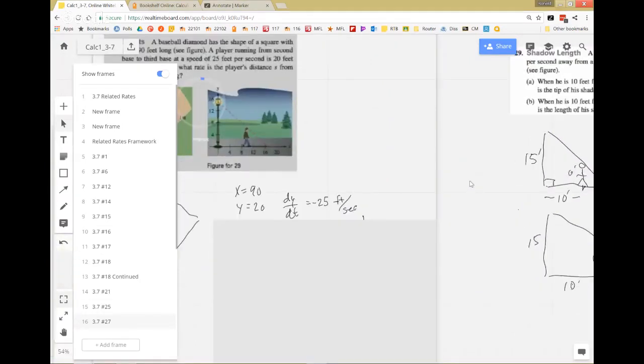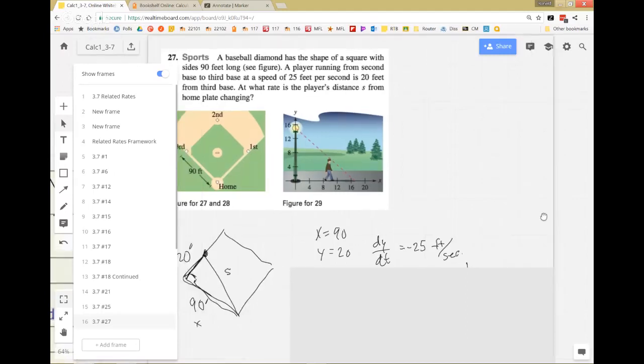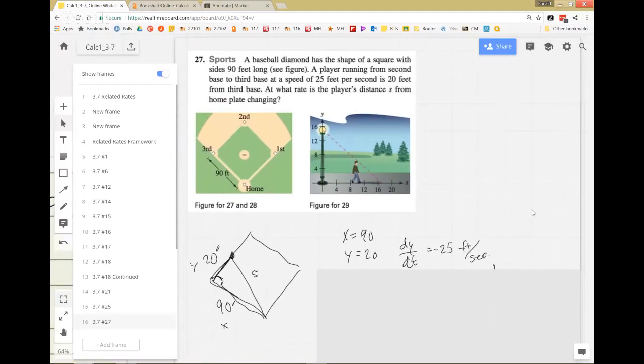So 27 is a baseball question. So here it is. A baseball diamond is actually a square. There are right angles between all the bases. So we've got a picture on the left. Just ignore the picture on the right, that is for a different problem. So here's the deal.